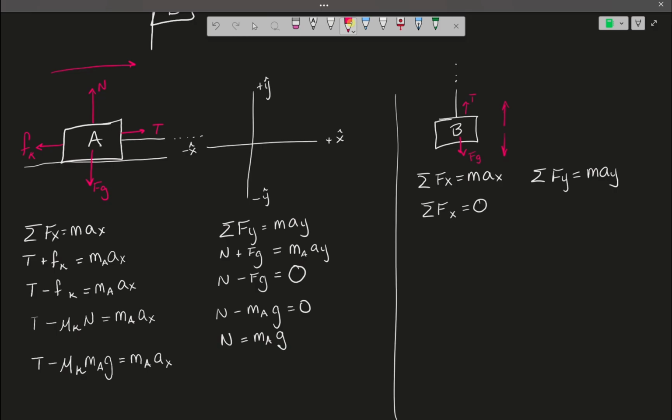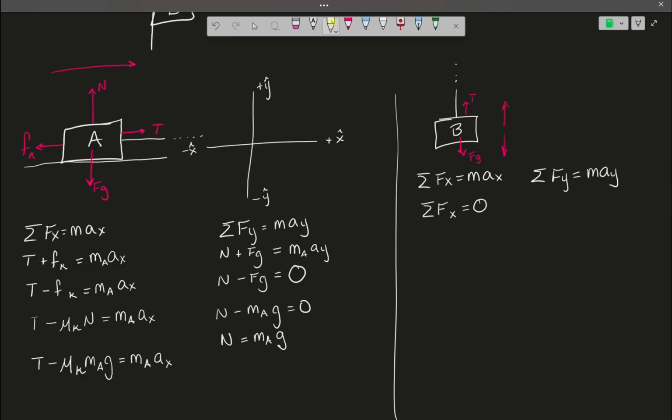This is one of the biggest mistakes that I see students make, is that they assume that if we have a force of gravity, that there will be an opposing force that is the normal force. Normal forces only occur whenever you are sitting on the surface of an object. Because this is dangling mid-air, there is no surface for a normal force to be created. So there is no normal force in this situation.